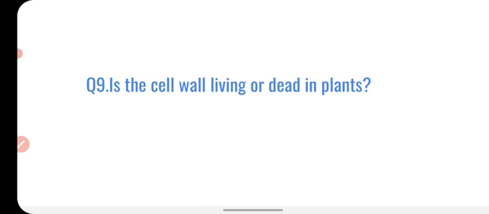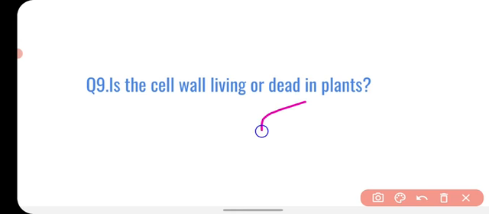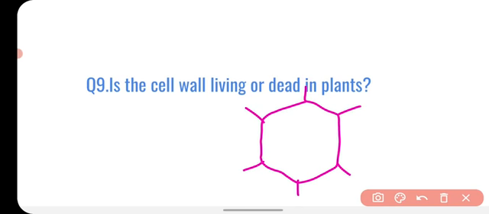Next question is, is the cell wall living or dead in plants? So you know that in the plant cell there is an additional covering. That covering is located externally to the cell membrane.